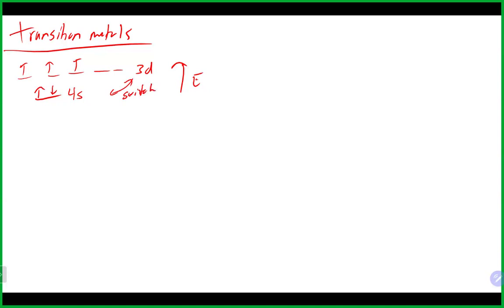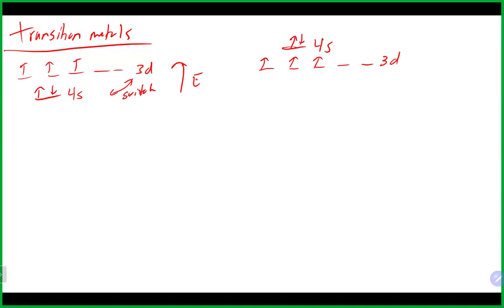We actually end up with the 4s orbitals being higher in energy than the 3d orbitals, right? And this is really important in terms of what happens when they lose electrons.